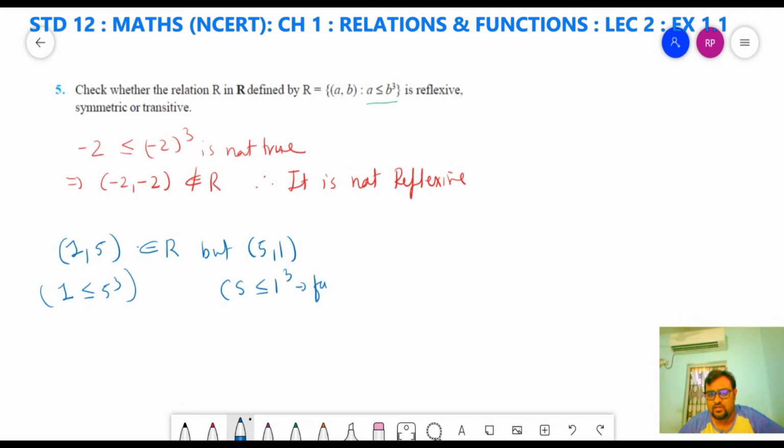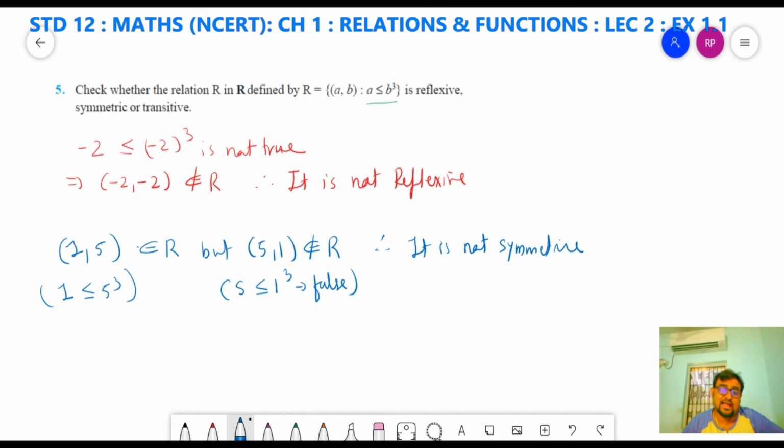No, it is a false statement. So that means this does not belong to R. Therefore, it is not symmetric.